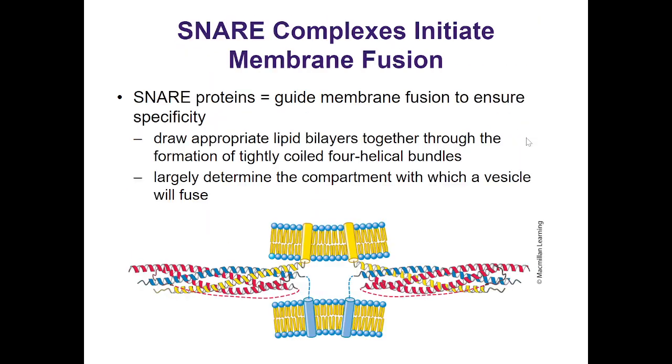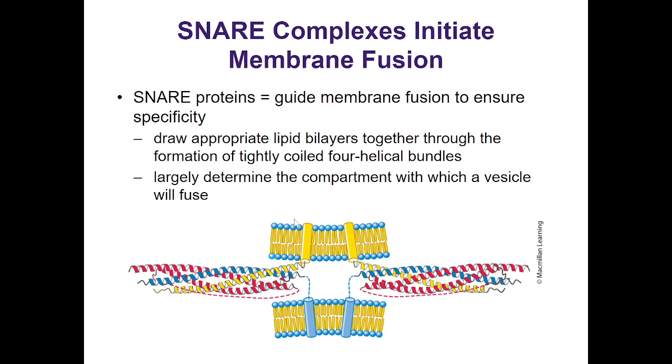Okay, SNARE complexes are going to initiate your membrane fusion. Your SNARE proteins will guide membrane fusion to ensure specificity. They're going to draw the appropriate lipid bilayers together through the formation of tightly coiled 4-helix bundles. These are the 4-helix bundles here. They largely determine the compartment with which the vesicle will fuse.